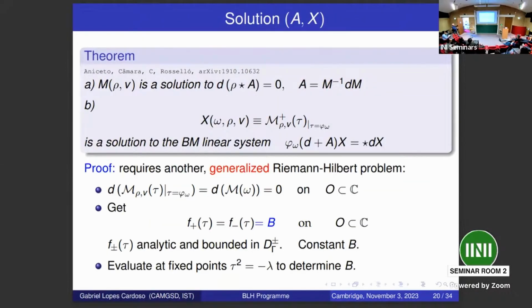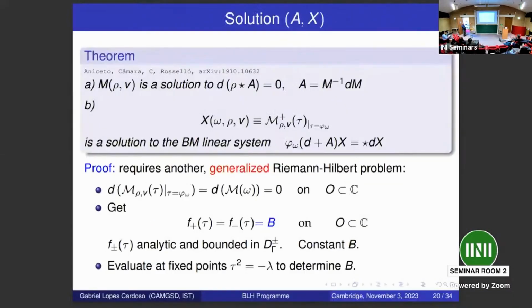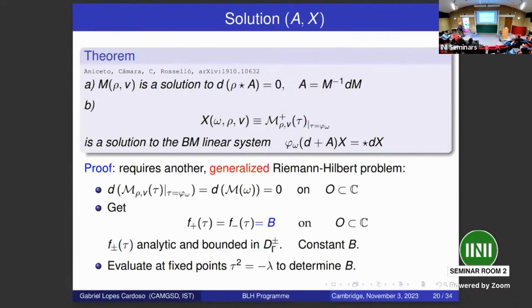And the solution to the associated Lax pair is the M plus, where tau is substituted by this function phi of W belonging to that family which I had introduced earlier on. So in other words, the canonical factorization gives you the matrix M that solves the equation of motion, coming from M minus, and it gives you the X that is the associated solution to the linear system, coming from M plus.